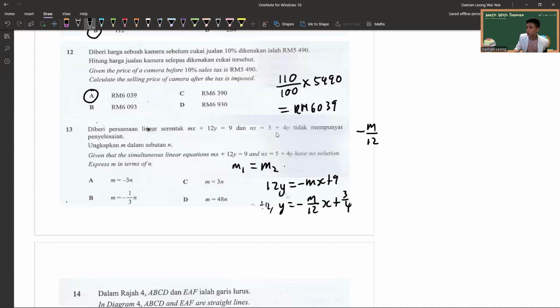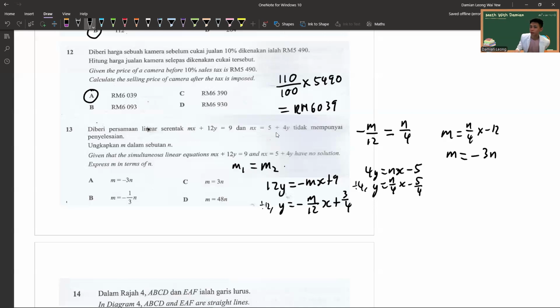The other equation, 4y equals nx minus 5, divided by 4: y is n over 4 x minus 5 over 4. So the other gradient is n over 4. This should be equal. So I bring over the negative 12. m is n over 4 times negative 12, which gives negative 3n. m equals negative 3n.